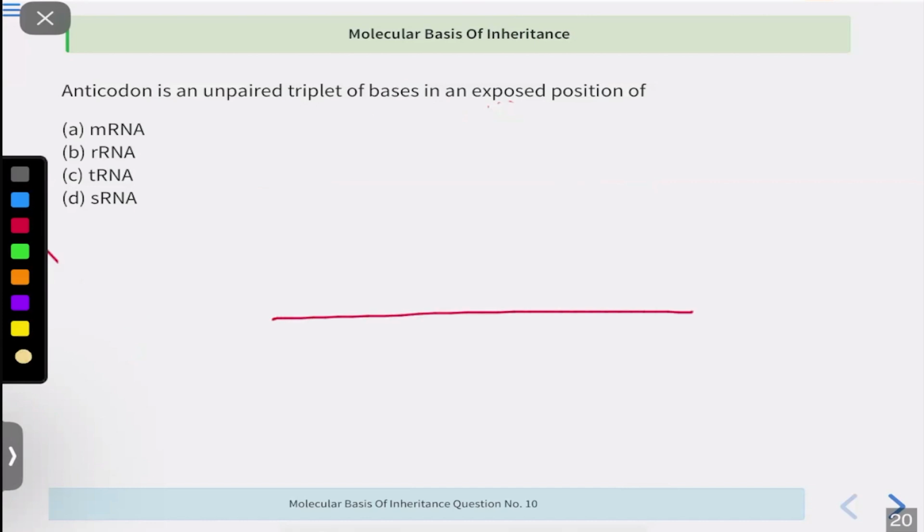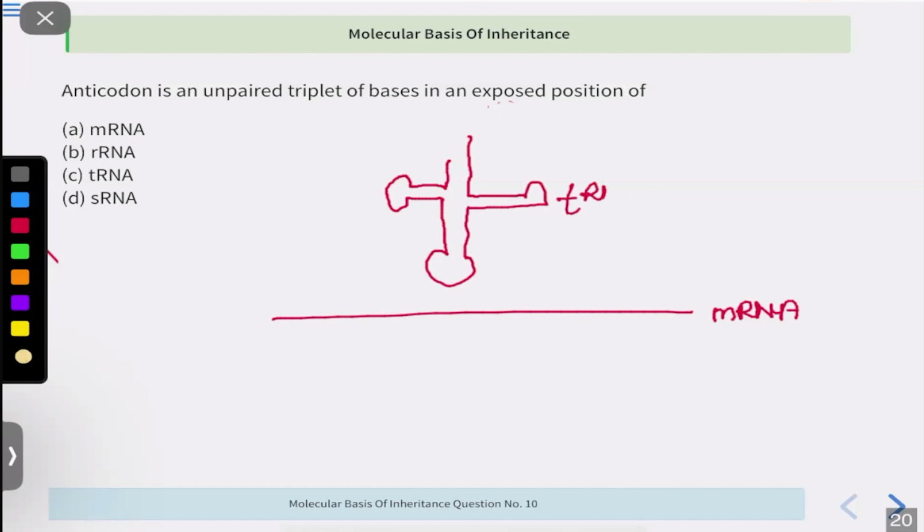So suppose this is mRNA, and here you have your tRNA. mRNA has bases. tRNA has bases. The codon is described on the mRNA rather than on the tRNA. This is one hint.